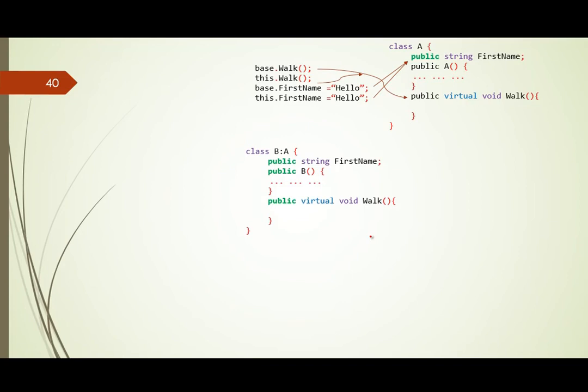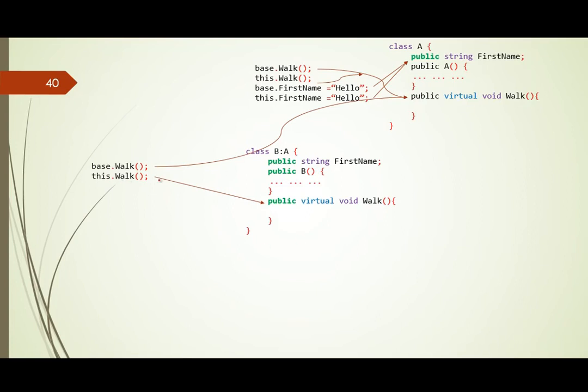But it differs when we call in the inheritance section. If we call now base.walk, it will point to the function in your base class, or the parent class. When we say this, it means a method inside this class, not outside of the class, but this class.